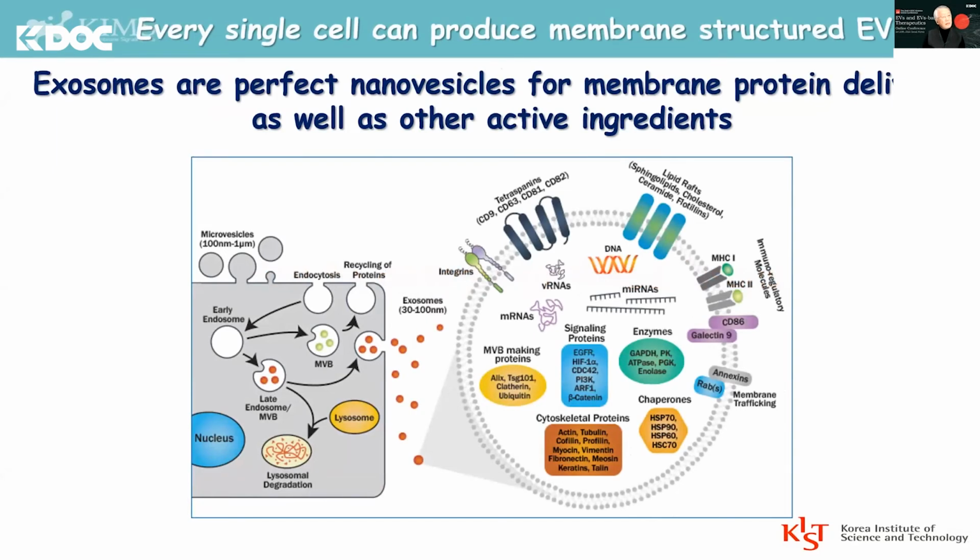Every single cell can produce membrane structures, extracellular vesicles, and exosomes. As you can see here, the exosome can carry many different types of membrane proteins, as well as many cargos inside, such as proteins and nucleic acids like DNA, messenger RNA, and microRNAs. So these exosomes are perfect nanovesicles for membrane protein delivery, not only membrane protein delivery, but also many other active ingredients.